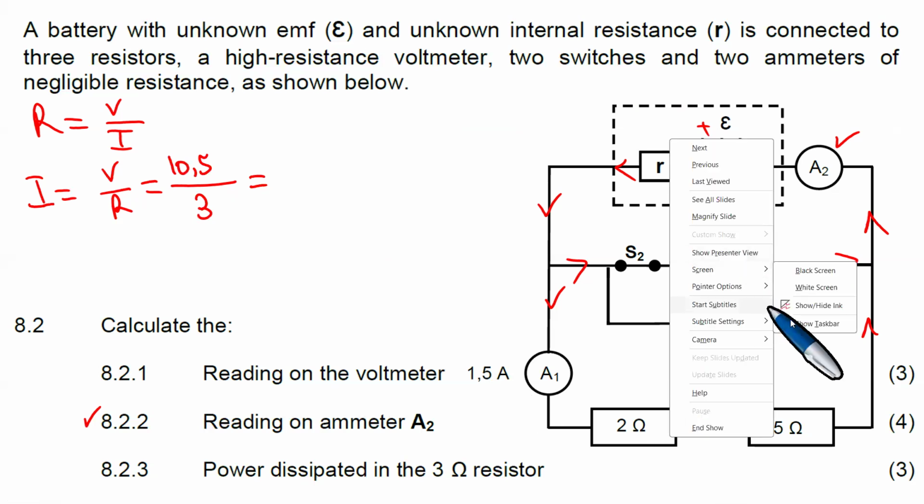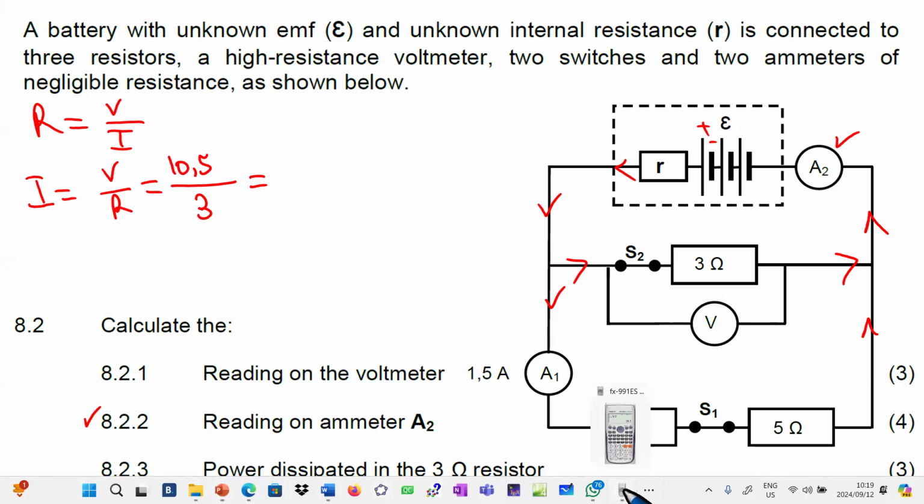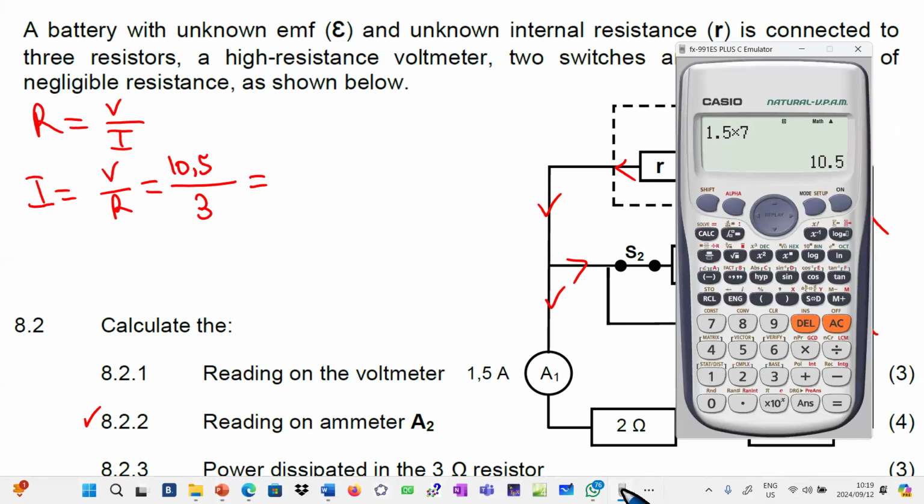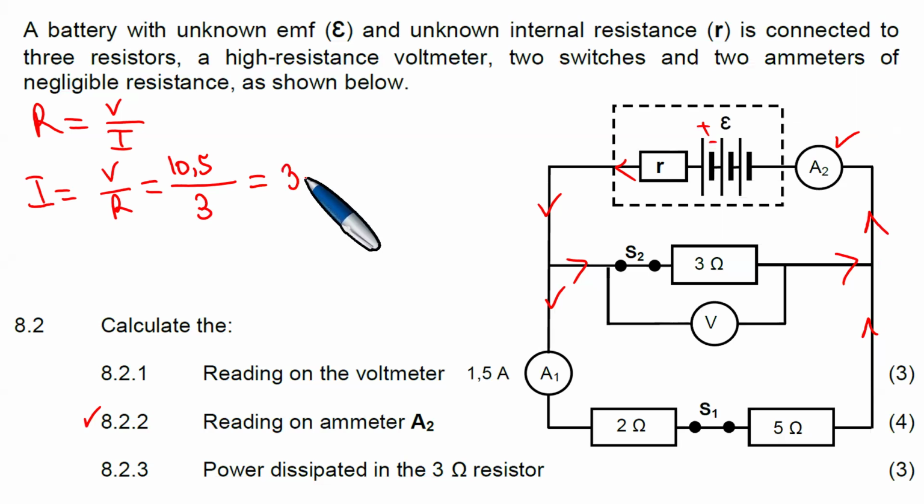So dividing this would therefore mean that you have 10.5 divided by 3. Okay, yeah, 3.5 amperes.